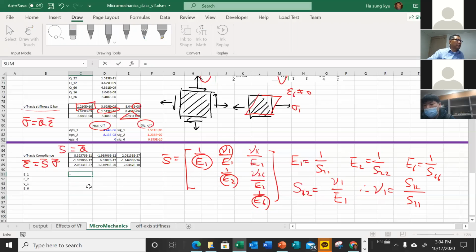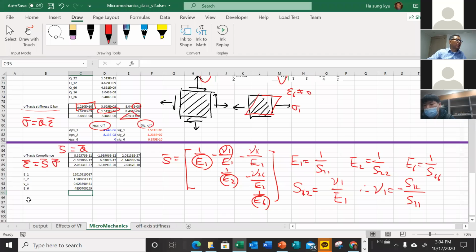So E1 will be the inverse of this S11, and this one is also the inverse of these terms, and mu1 will be this divided by this. By the way, we need to have a minus here. The reason we have a minus here is because of this definition, okay?